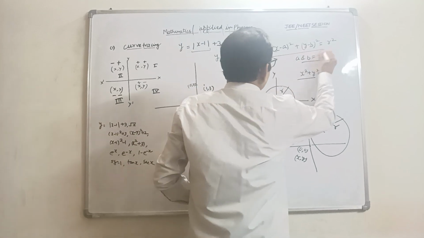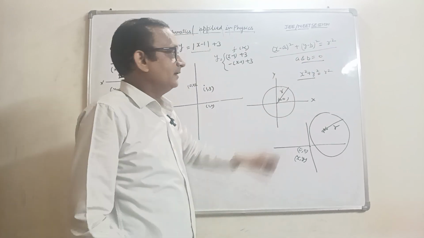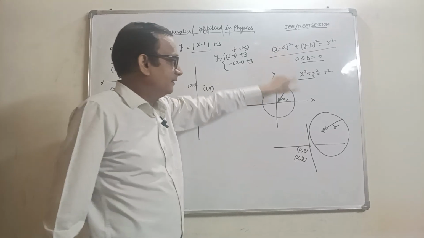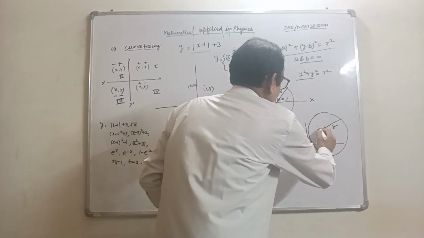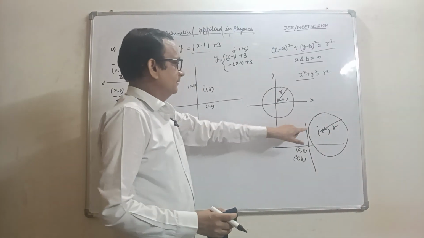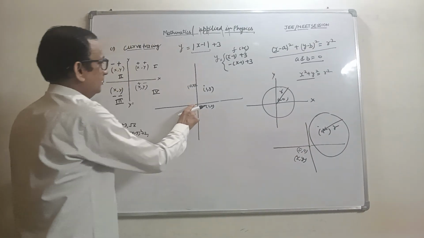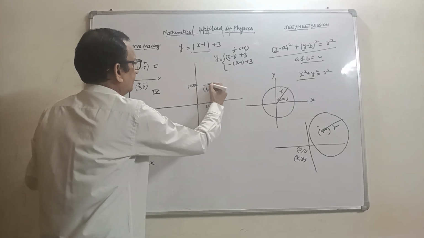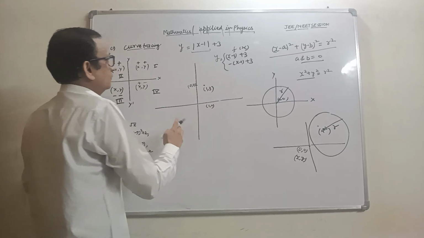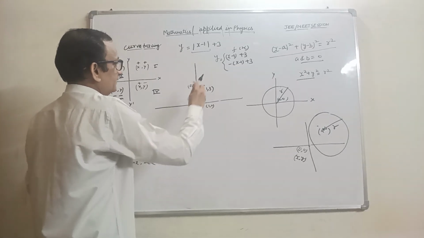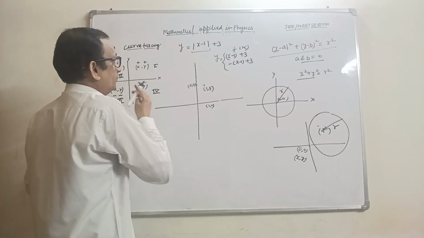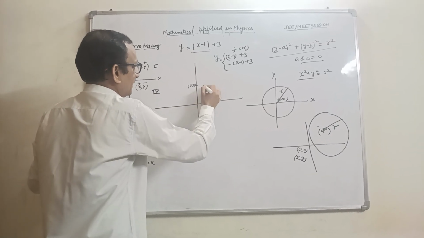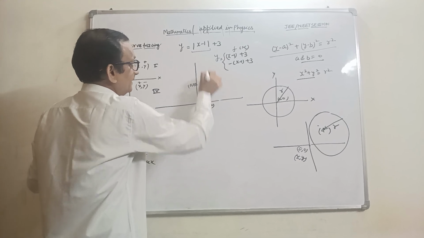See over here, in the equation of the circle, we have shifted the center of the circle to the a, b coordinate from the origin. Similarly, from the origin here, we have shifted this point x and y. So this curve, for positive slope, would be passing through 1 and 3.